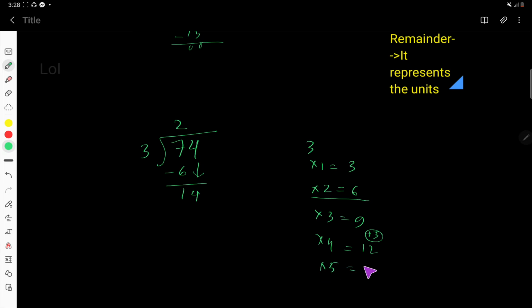If I take 5 times, that is 15, which is greater, so we have to stop here at 4 times. Then 4 times 3 gives us 12. Subtract, and you are getting 2. So 2 is your remainder.